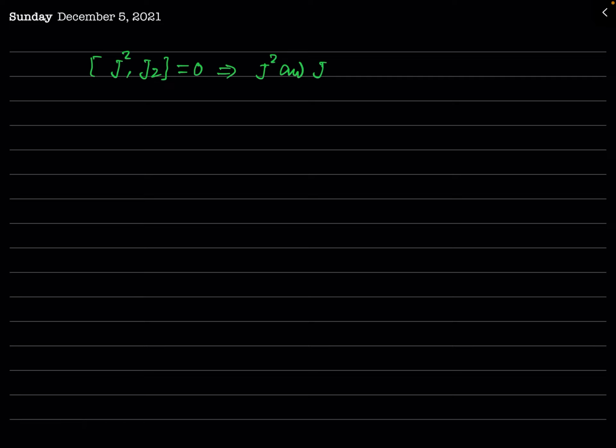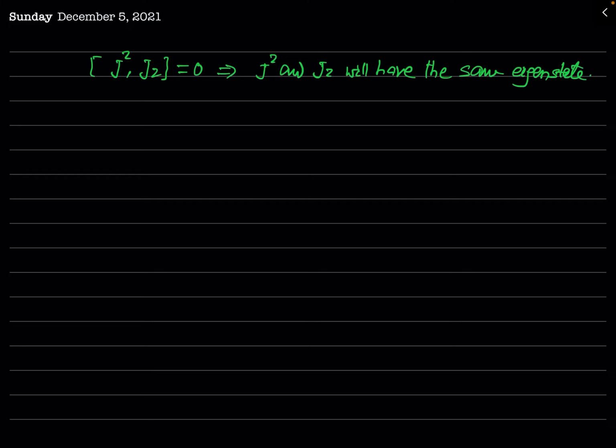j square and jz will have the same eigenstate because both of these two operators commute.